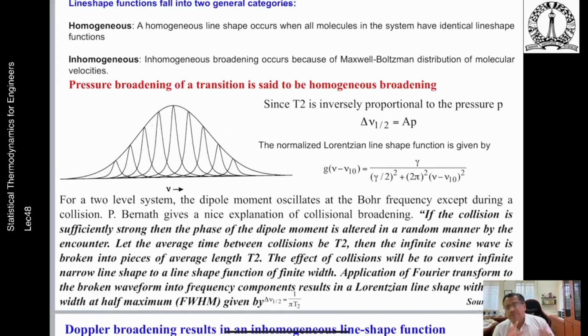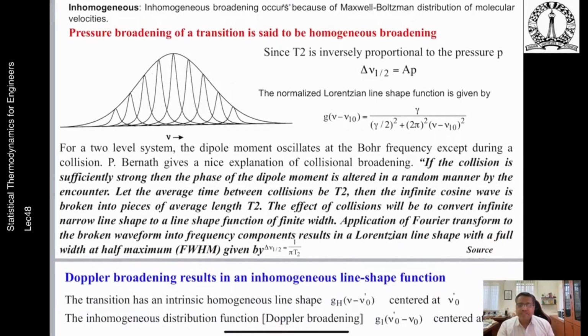If you now apply the Fourier transform to the broken waveform, as you see over there in the figure, into frequency components, it results in what we call a Lorentzian line shape, with a full width at half maximum given as delta nu half equals 1 over pi T2, where T2 is the average time between two collisions. Understand?